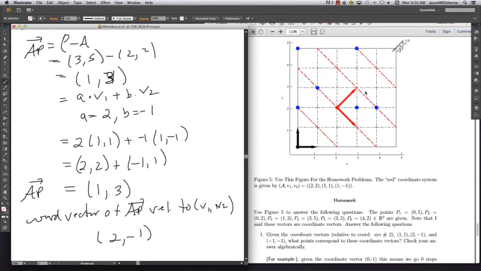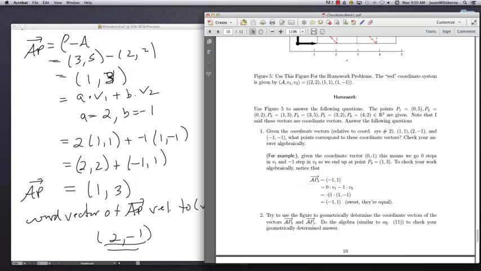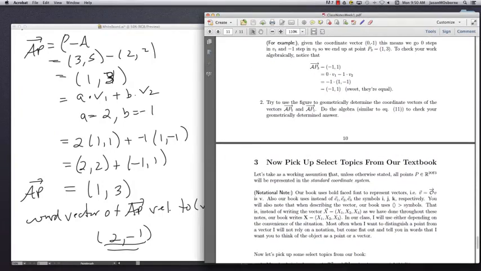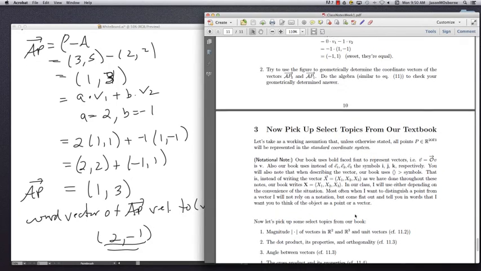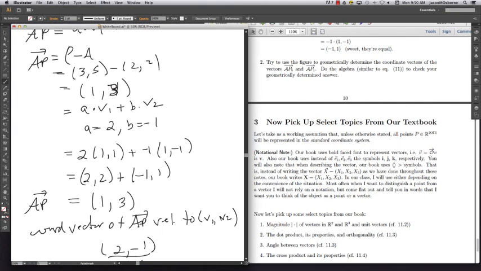Okay. So the coordinate vector are the actual instructions that you need to do to go from this point to that point, following only the red arrows. So there's lots of other examples here to follow, and we'll then pick up with our textbook talking about dot products and other properties of vectors.